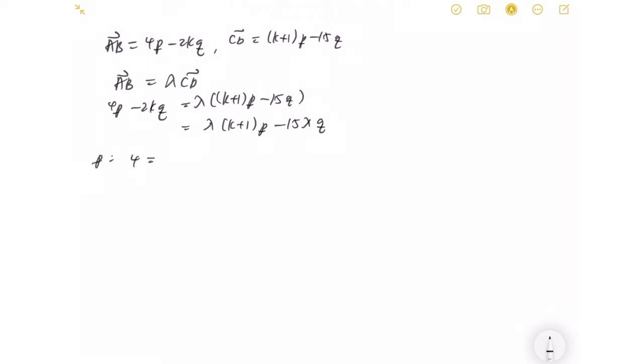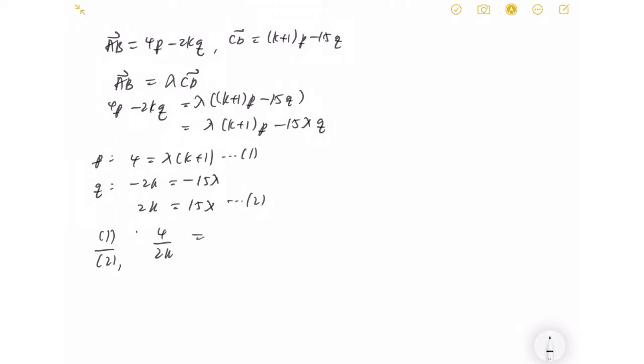By comparing vector Q, minus 2k is negative 15 lambda. I think we can just drop the negative, right? 2k equals 15 lambda. So for me, I wouldn't want to use substitution. I just use division. I take equation 1 divided by equation 2. So 4 over 2k equals lambda k plus 1 over 15 lambda. We can cancel lambda, cancel 2 and 4.